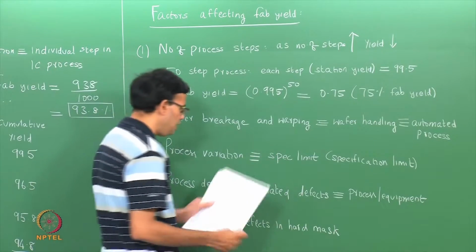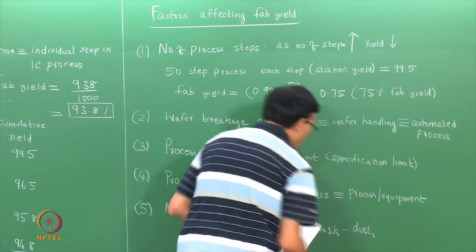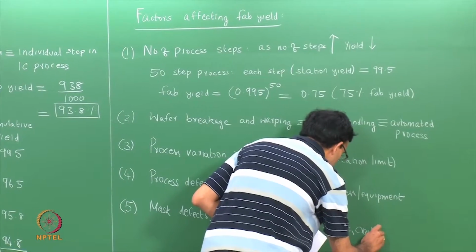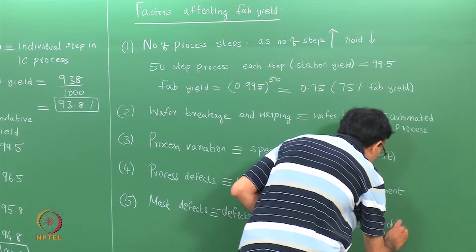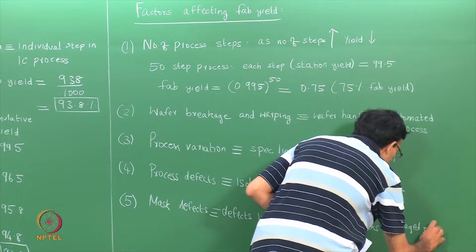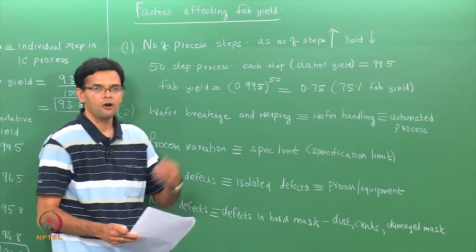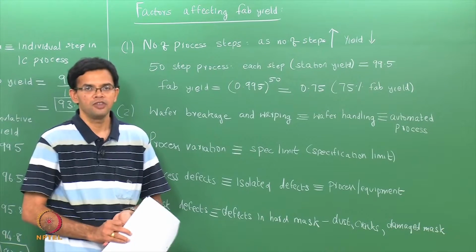So, a typical defect could be something like dust. Usually this is made of glass, so there could be cracks in the glass. You could have a damaged mask layer due to handling. All of this will again cause defects in the pattern, which will again lead to a lowering of the yield.